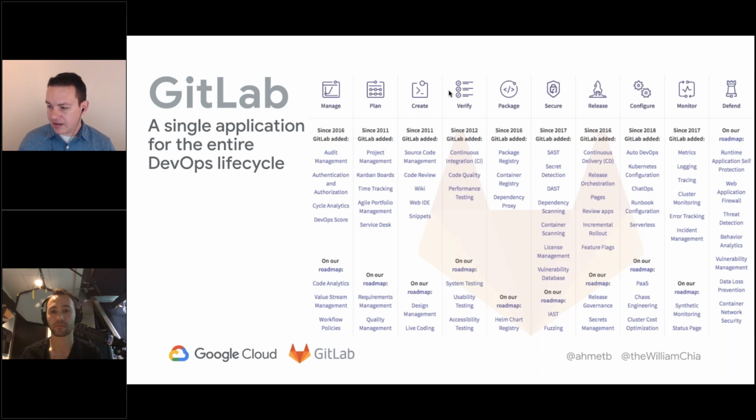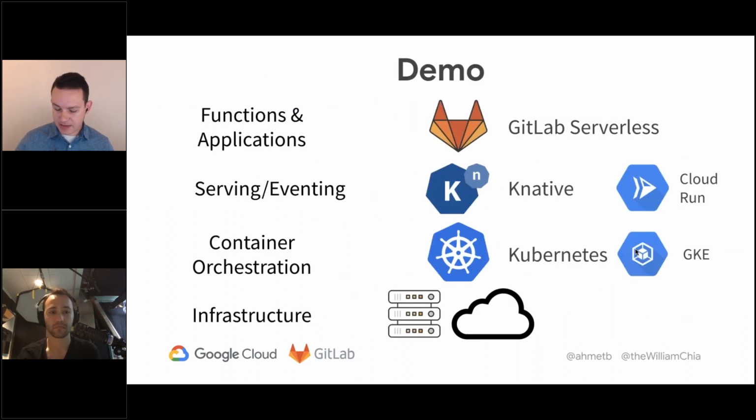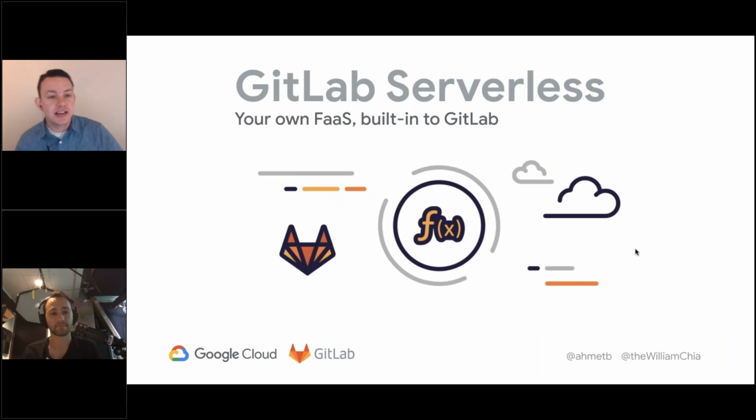So one of these that you will see is that within what we call the configure stage of the DevOps lifecycle, our goal is to have a single application that covers the entire lifecycle. We have serverless as functionality. And so GitLab Serverless is a way for you to actually have your own functions as a service, your own FaaS, or even your own container service built into GitLab.